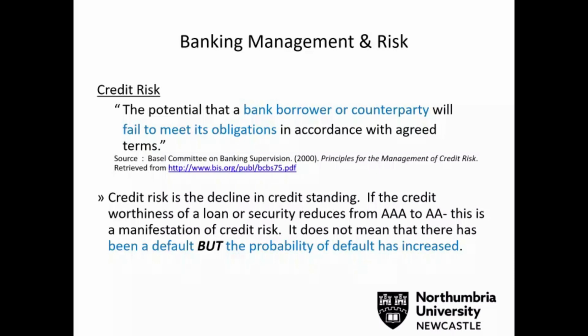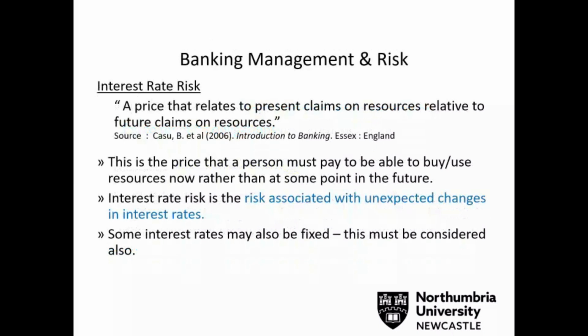So that's credit risk. Interest rate risk. This is simply the risk of interest rates changing and whether that impacts you as the lender or the consumer. So say you issue a fixed rate mortgage at 5% as the bank, so you're receiving 5% fixed, but then interest rates go up in the market to 10%.